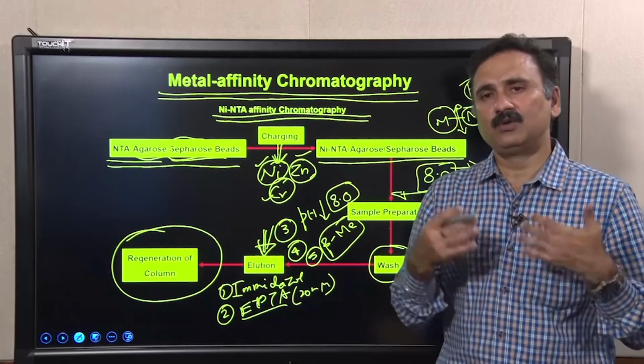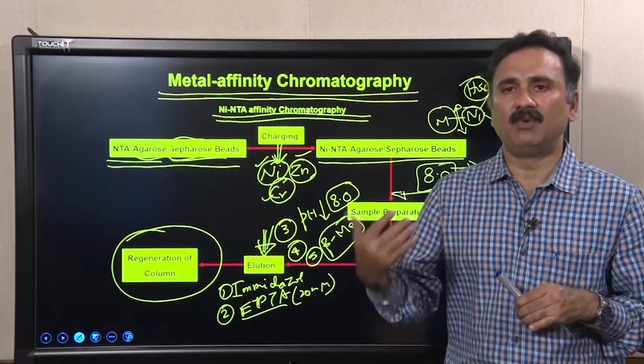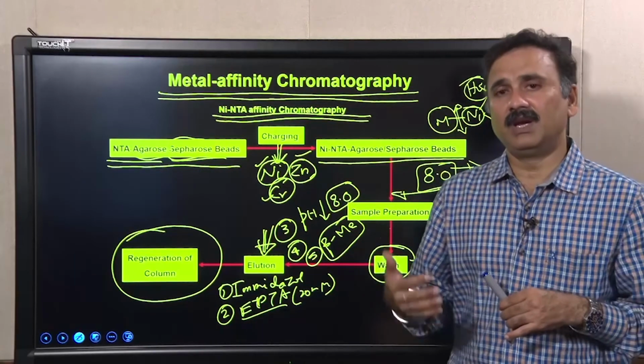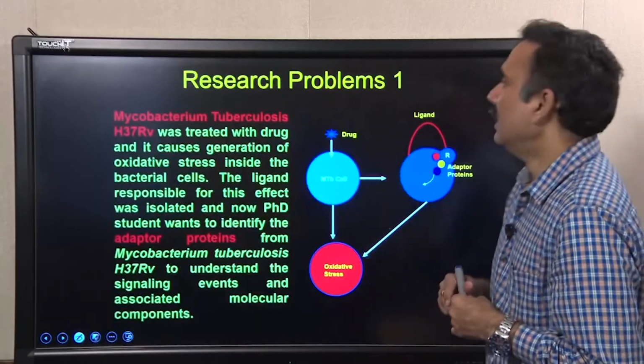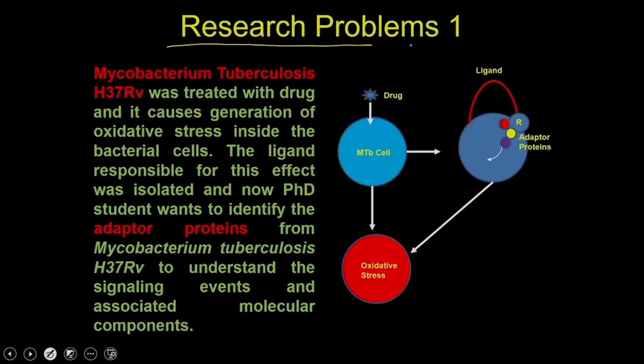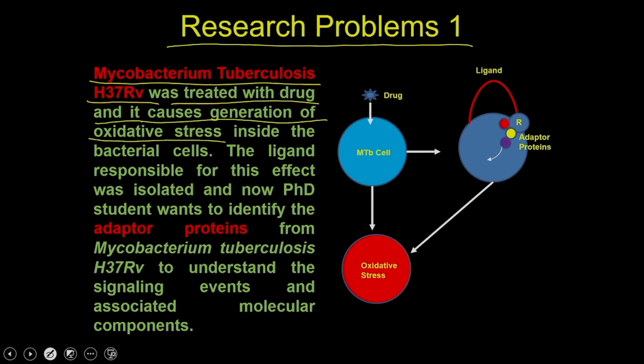So with this, we would like to move on to address some of the research problems related to affinity chromatography. The first problem is where we can use affinity chromatography: Mycobacterium tuberculosis H37Rv was treated with an anti-TB drug, and it causes the generation of oxidative stress inside the bacterial cell.